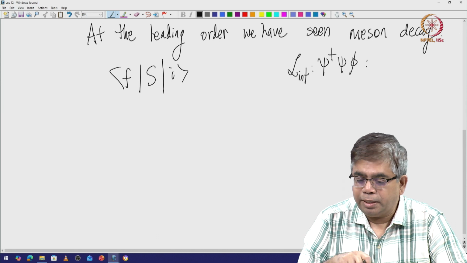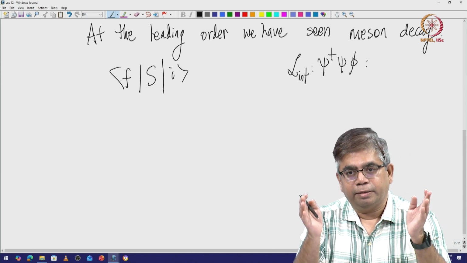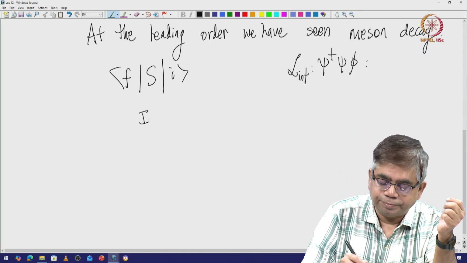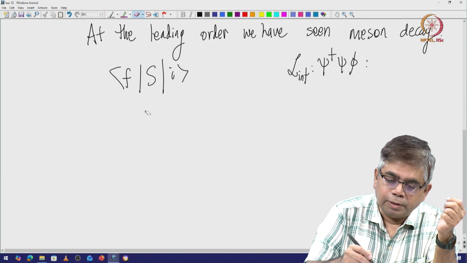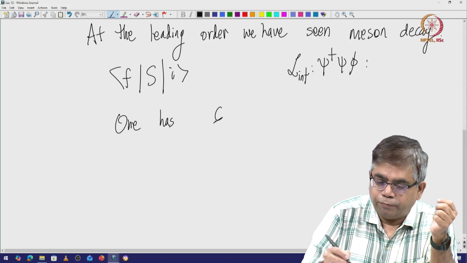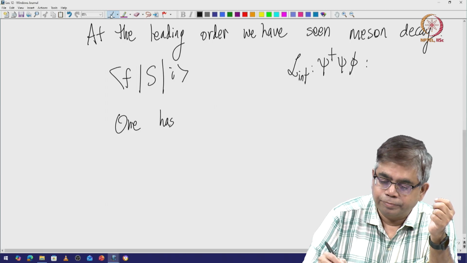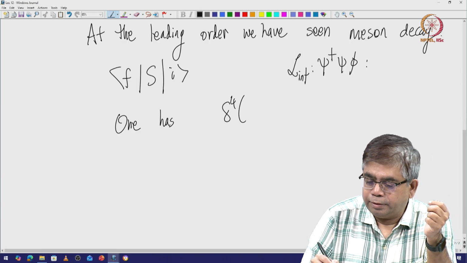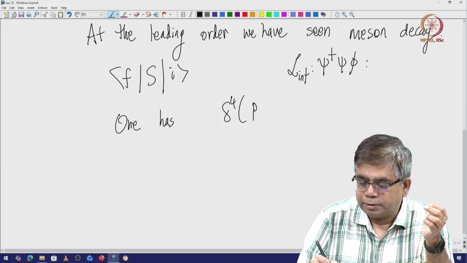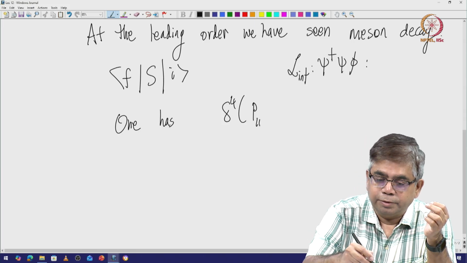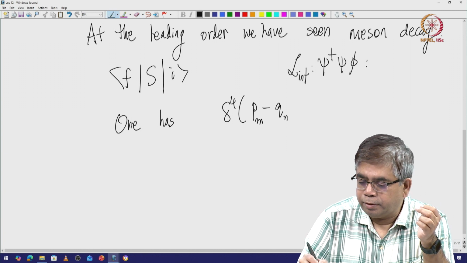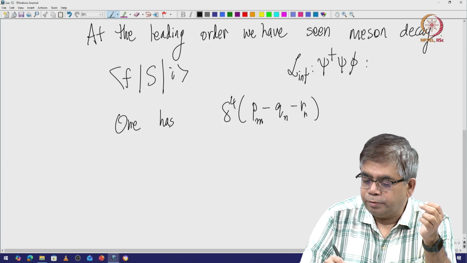And what we have seen is that if I just take the plane wave part and put it in this picture, I end up having delta to the power 4 of P_meson minus Q_nucleon minus R_nucleon.